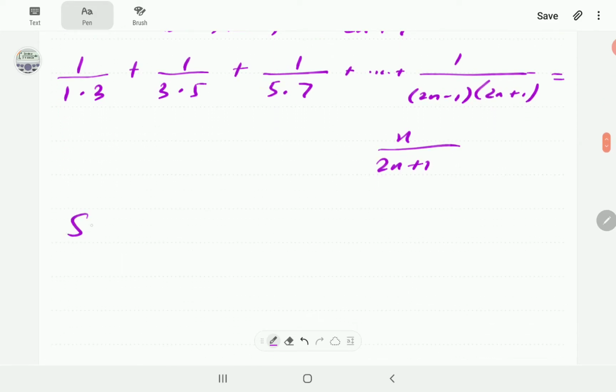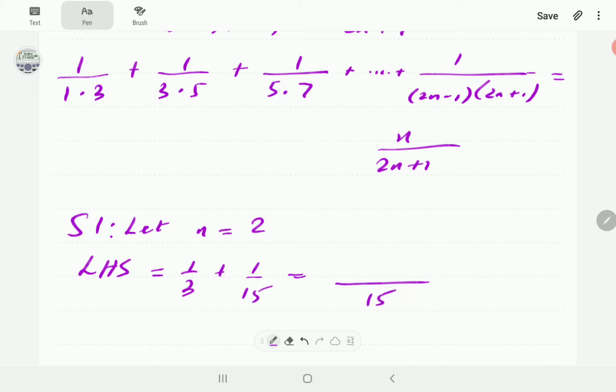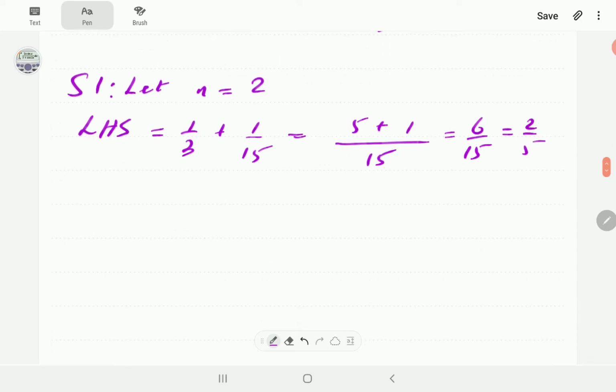Right, so step 1, we are going to let n equal 2. So the left hand side is going to be 1 over 3 plus 1 over 15. We can write this all over 15. It's going to be 5 plus 1, 6 over 15. 3 goes twice here and 5 times there.